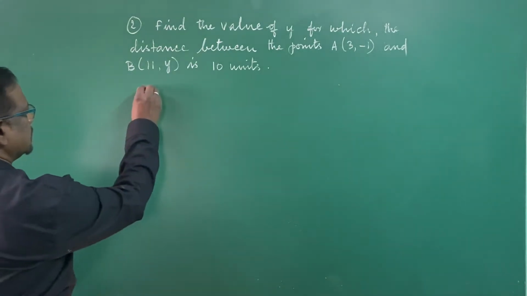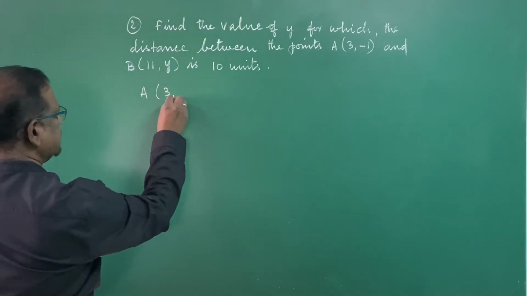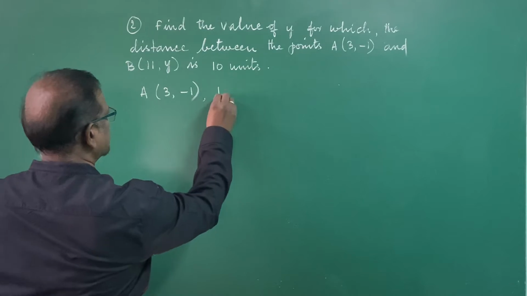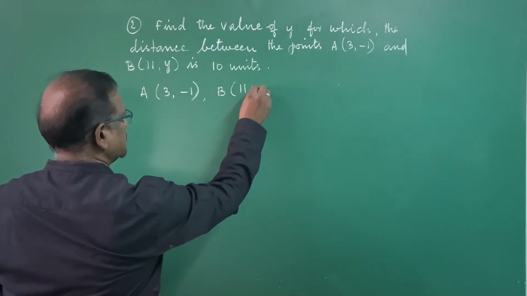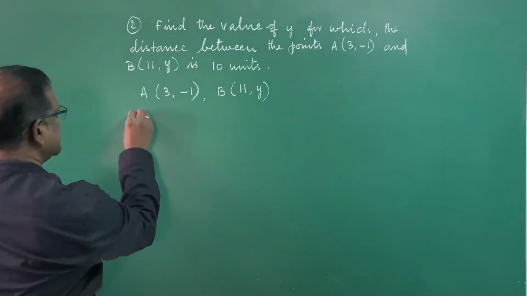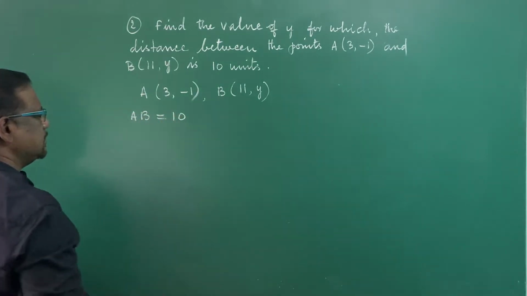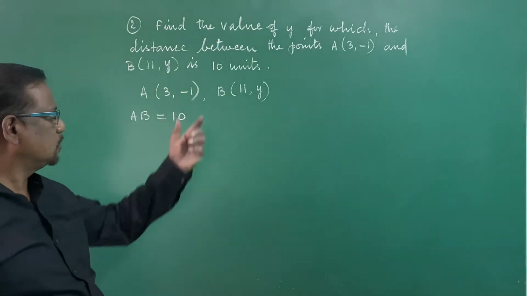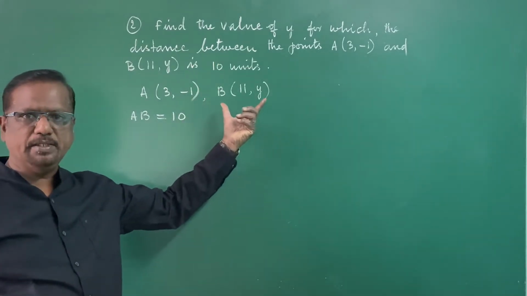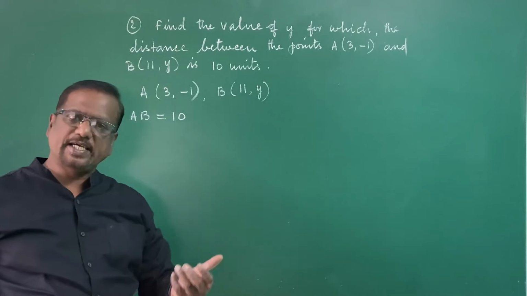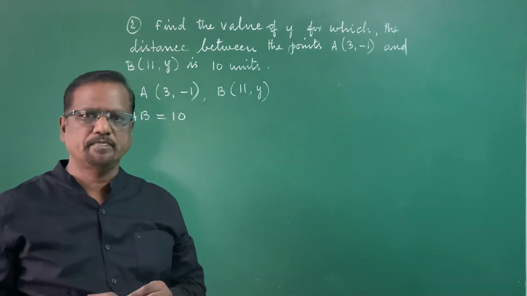So, the two points are A (3, minus 1) and B (11, y), and the distance between the two points AB is given as 10 units. So, the coordinate B contains the variable y which has to be found.